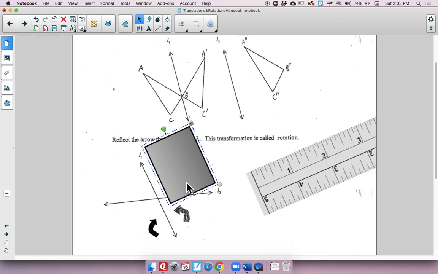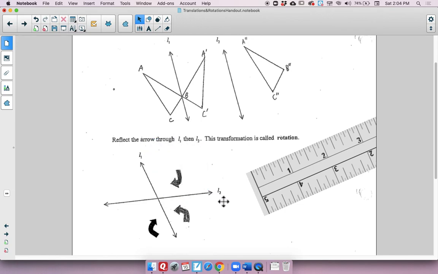And then you need to take this and reflect that through L2. Again, you're still going to need a lot of points, so go for it. Okay, and so there you can see mine, and you can see how these are all rotating around this fixed center point. Okay, so that would be what we call a rotation.